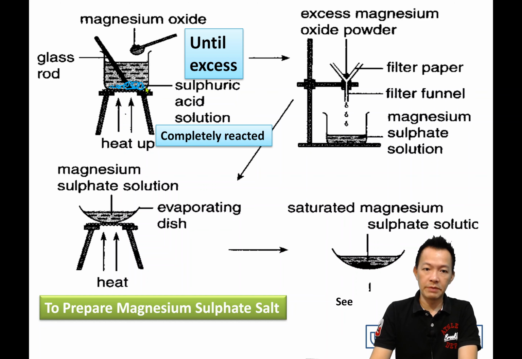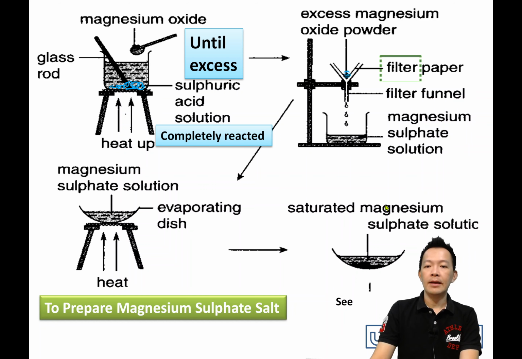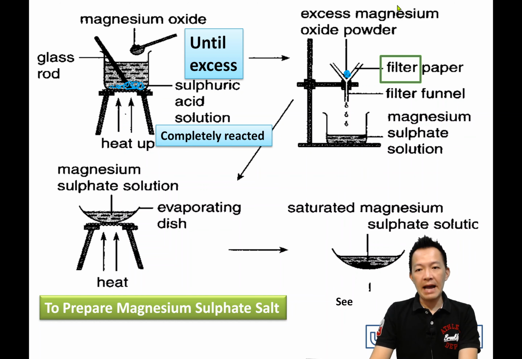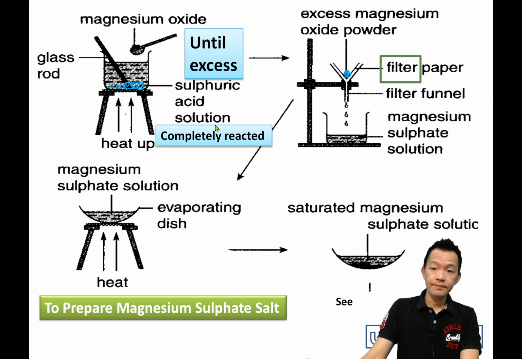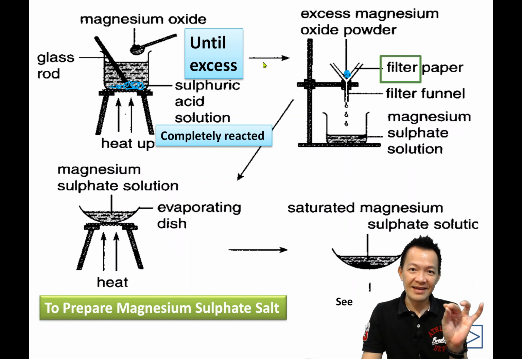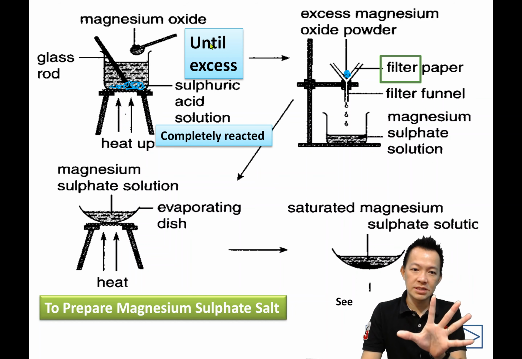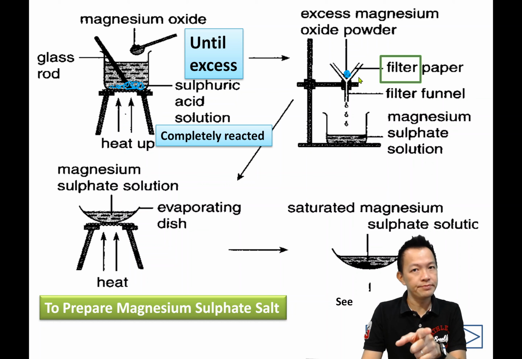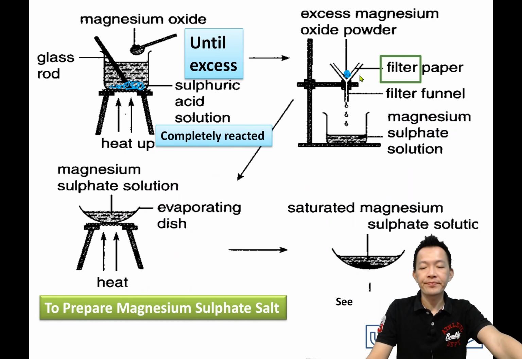So what to do now? Next, filter off the magnesium oxide powder, because this is not what I want. Magnesium sulphate may be white, magnesium oxide is also white, but I don't want the magnesium oxide mixed with my salt solution. The difference in the whole experiment is just this first step and second step. Others will be the same.